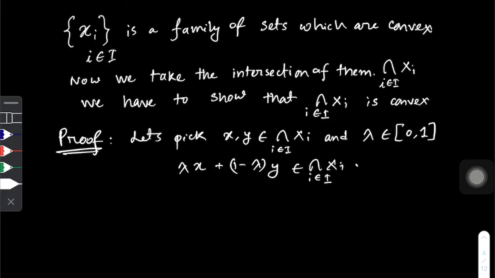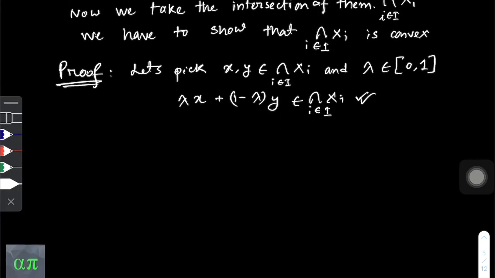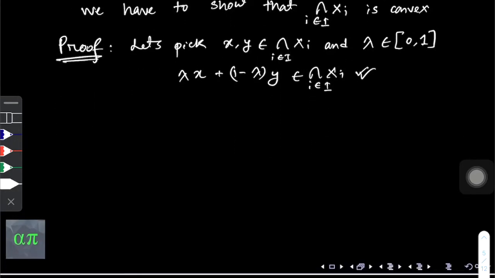If we can show this, then we have shown that the intersection of convex sets is also convex. Now we have x and y, which are elements of X_i for all i. Why? Because x and y are elements of the intersection, that means they belong to all the X_i's.